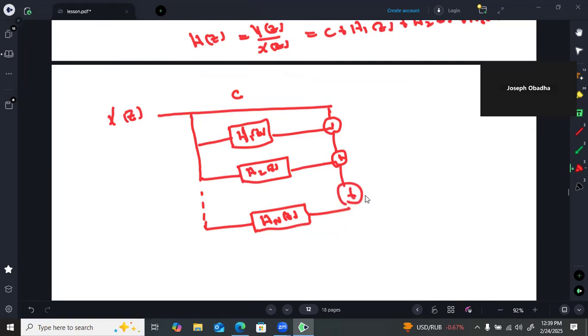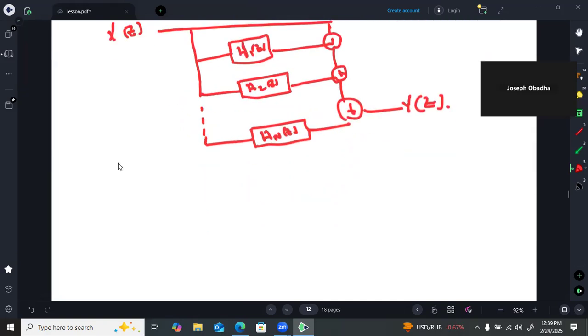Then we get the output Y(z), so that all the systems are connected in parallel with each other.